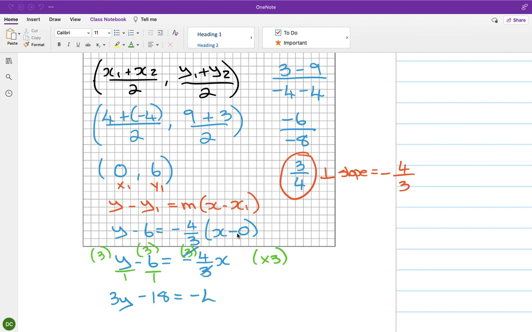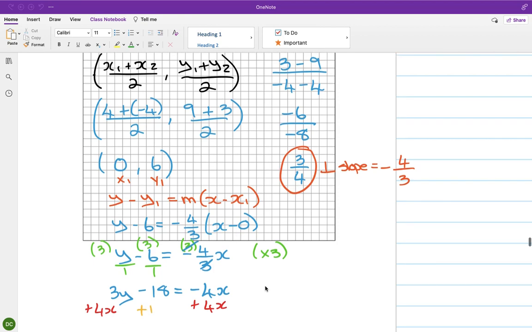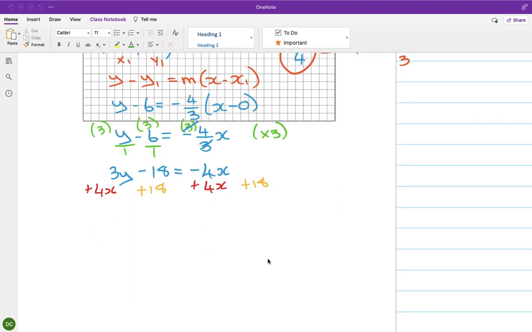And then if we rearrange, I'm going to plus 4x and plus 4x, and plus 18 and plus 18. So that gives me 4x plus 3y equals 18.